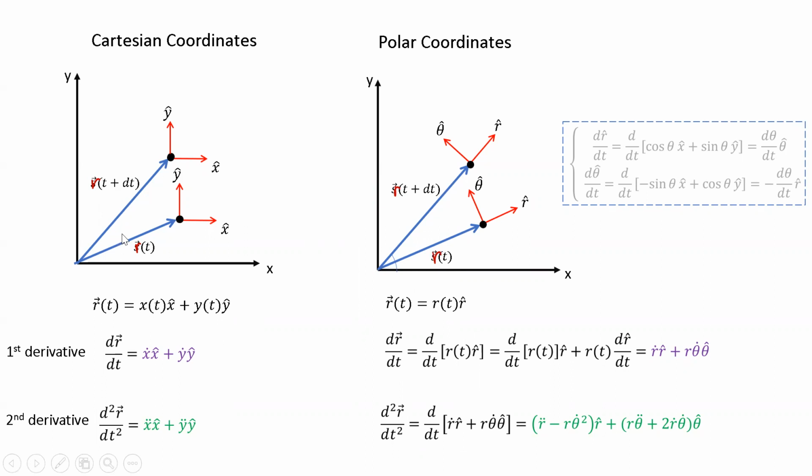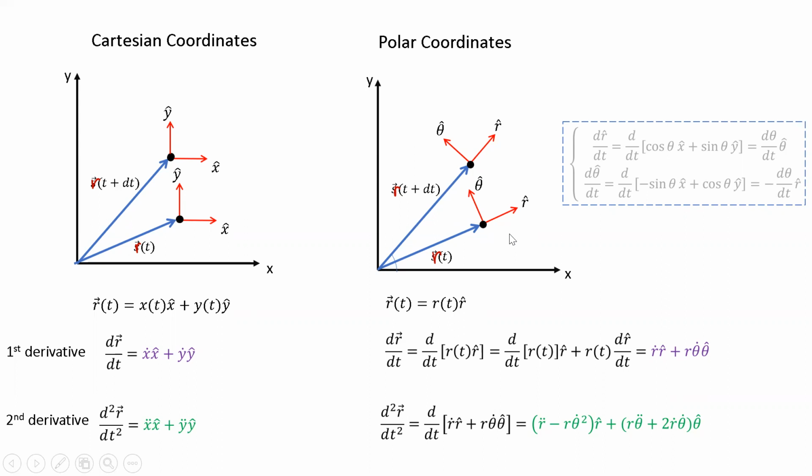In the Cartesian coordinate system, you know that this is the form you're familiar with. But in the polar coordinate system, the position is just r times r hat, where r is this length here, and r hat is this vector over here.